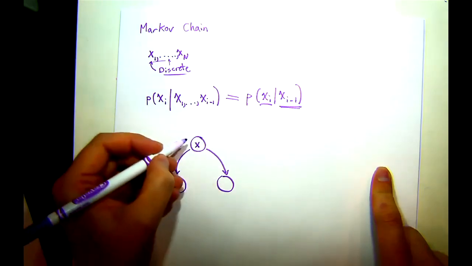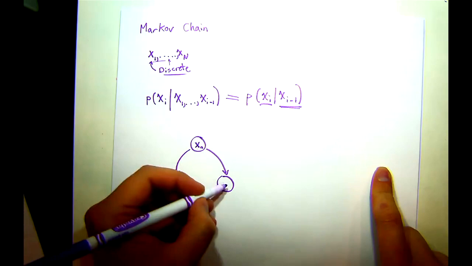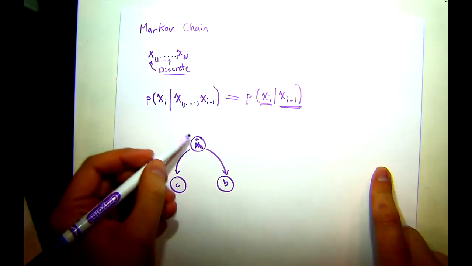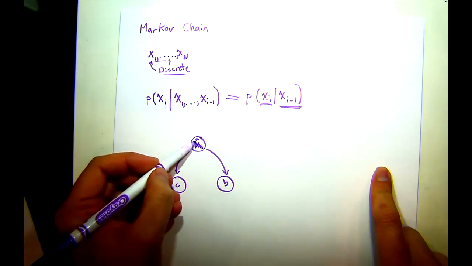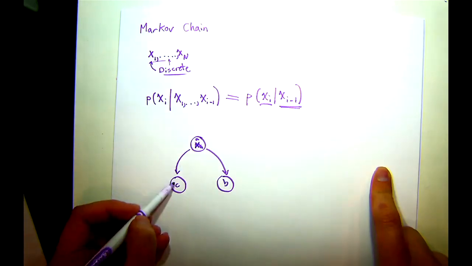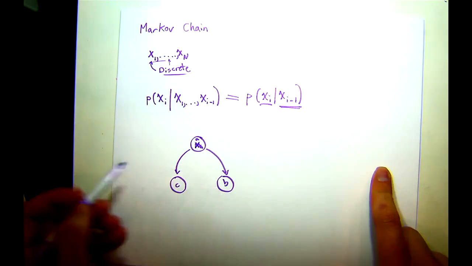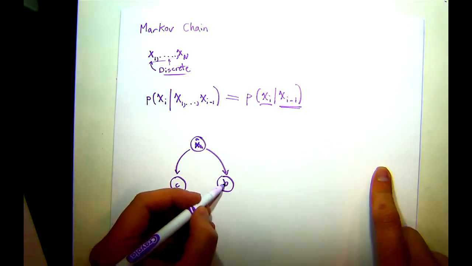So we'll call them A, B, and C. If x_{i-1} was A, you have some probability of moving this way, some probability of moving that way. That means you emit a B, basically.